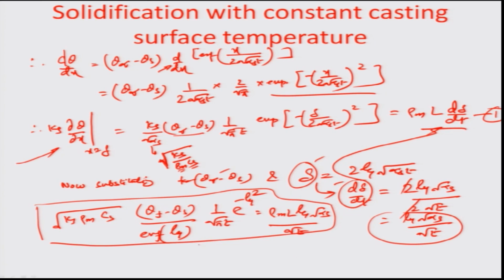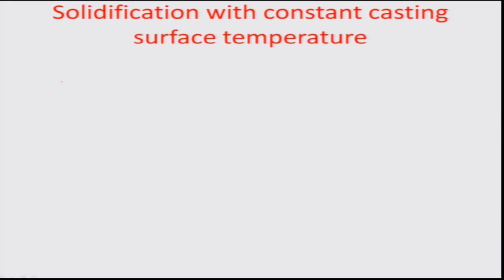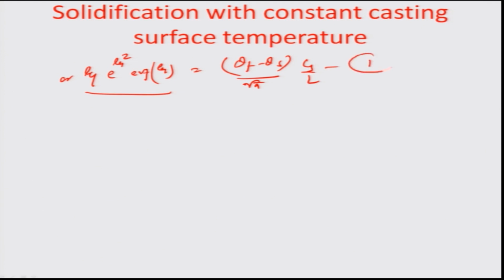So, I will now condense this expression and write this as zeta e to the power of zeta square error function of zeta on one side, is equal to theta f minus theta s by root of pi times Cs by L. So, typically if we wanted to find out the value of zeta, as you already are aware, zeta is basically delta divided by twice root of alpha s into time t, and this delta tends to h by 2 if the casting is completely solidified.